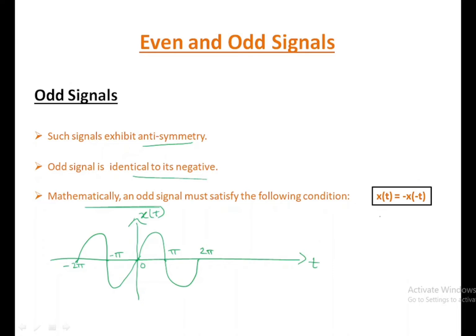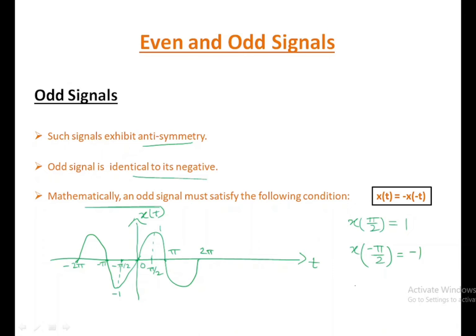These are the conditions an odd signal must satisfy. As you see, this is pi by 2, which has the value of 1. This point is minus pi by 2 and its value here is minus 1. So at t equal to pi by 2, the value is 1, but the value at t equal to minus pi by 2 is minus 1.